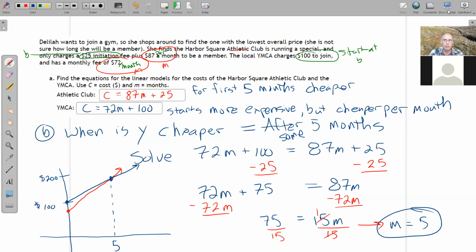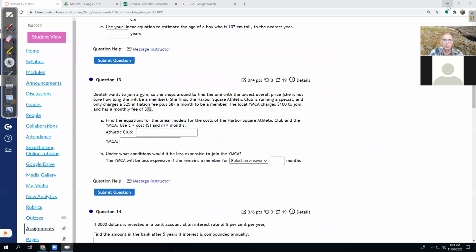We're running out of time here, so I'll leave it up to you to check that result. So, under what conditions would it be less expensive to join the Y? The YMCA is less expensive if she remains a member for more than 5 months, because at 5 months, they're the same.